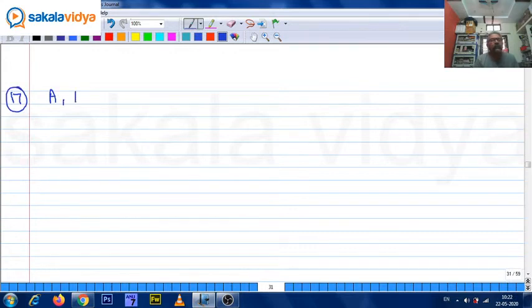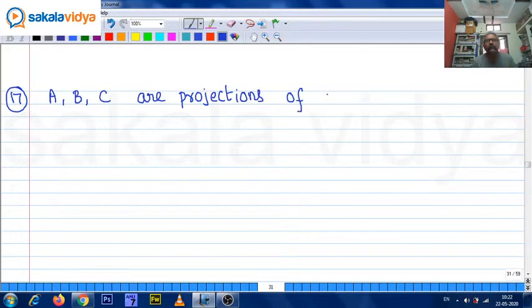A, B, C are projections of P (5, -2, 6) on coordinate axis.